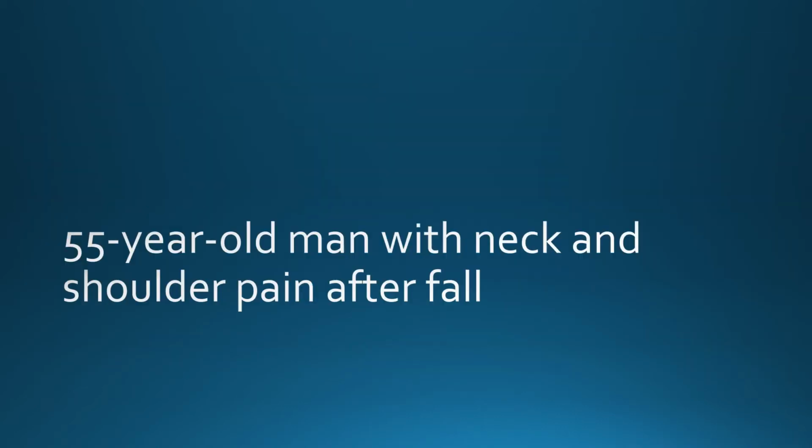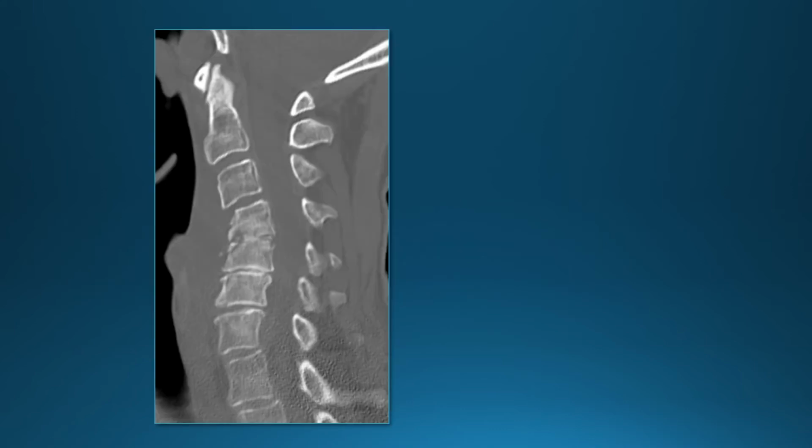Next patient is a 55-year-old man, neck and shoulder pain after a fall, came into the ED. He had a cervical spine CT to rule out fracture. No fracture was seen, but if you look carefully, the disc is very narrowed here. The end plates are irregular.